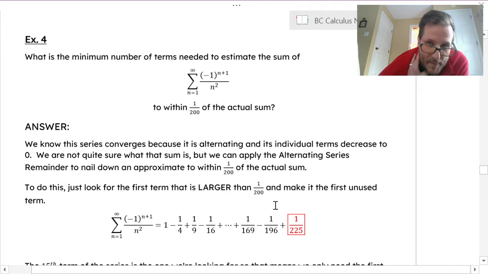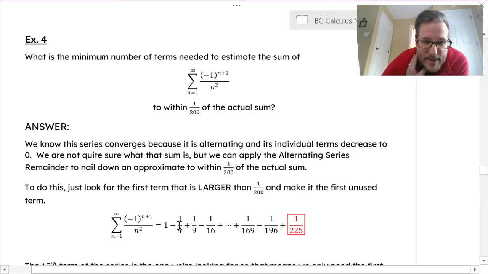I'm looking at the denominator: the first term where the denominator is larger than 200 is the spot where I can cut off. Hit the brakes. Don't add that term. Add all of the terms right before it. Remember, we want the first unused term to be smaller than 1 over 200. So 1 over 225 is the first unused term.